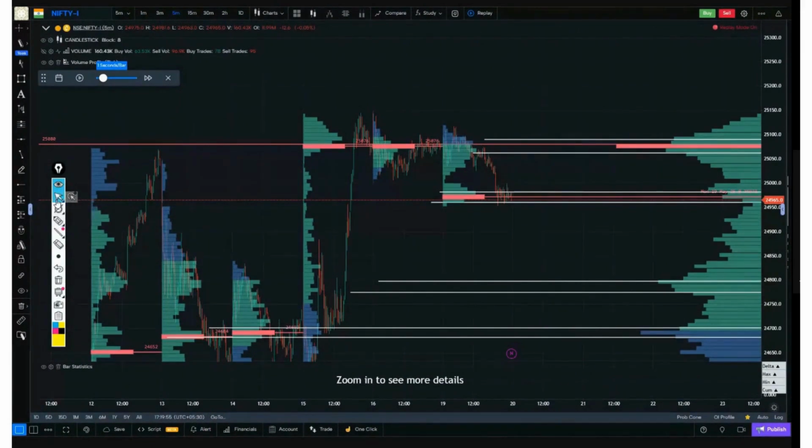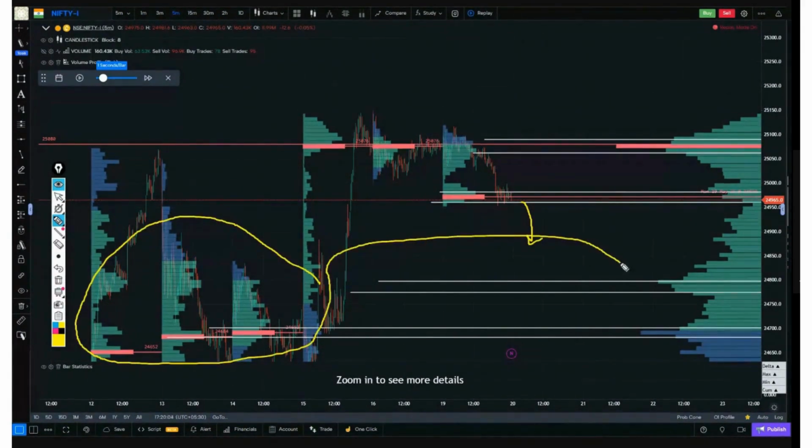We marked these two. In any case, if the market broke on the downside, then this 3 to 4 days volume profile consolidation was formed here. We marked this one as well, and just like that, this B-shaped volume profile was formed. Its consolidation also had a B-shaped profile. So, we marked this node as well, and then this node too.